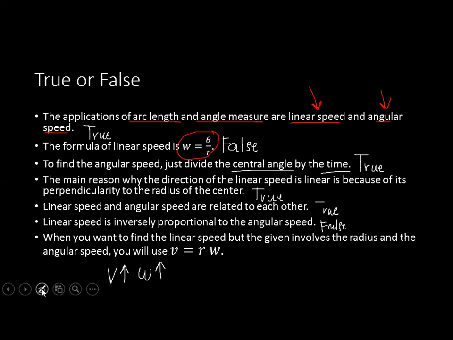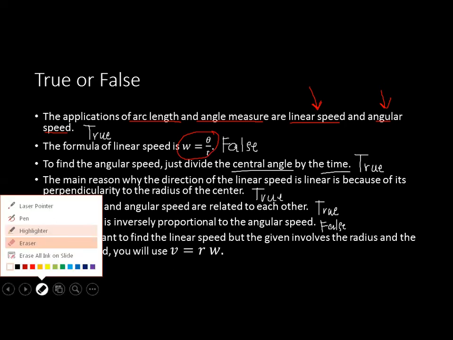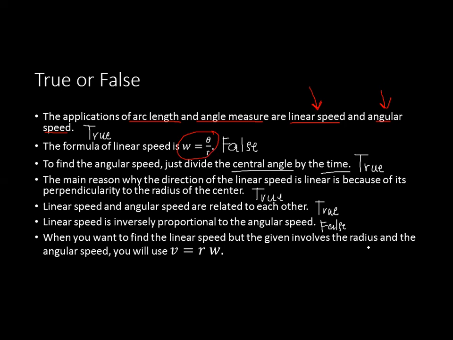Last but not the least, when you want to find the linear speed, but the given involves the radius and the angular speed, you will use v is equal to r times theta.